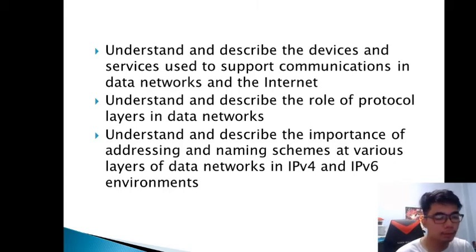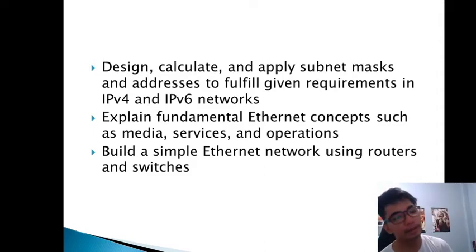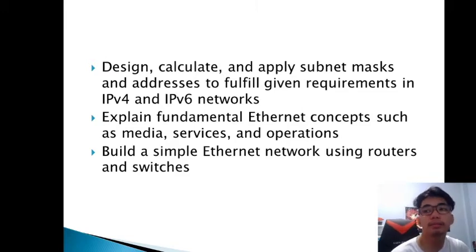Then design, calculate, and apply subnet masks and addresses to fulfill given requirements in IPv4 and IPv6 networks. This one is connected to chapter 8, subnetting a network, because as you can see, design, calculate, and apply subnet mask and IP addresses to fulfill given requirements.